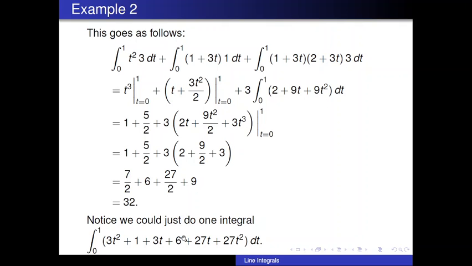That becomes 6 plus 27t plus 27t squared. If you want to simplify first, this becomes something like 30t squared plus 30t plus 7. And you integrate just that one thing from 0 to 1, right? The bounds are the same on each one, and the variable's the same for each one. So you should just be able to get this in one nice integral if you like. And I think that's probably the preferred way to do that. But since it's our first one, I tried to break it down into as many individual pieces as possible.